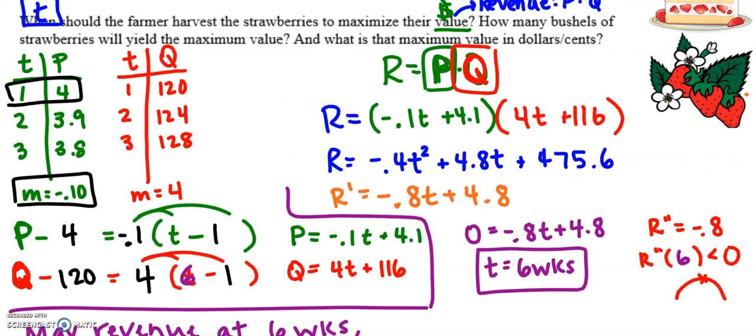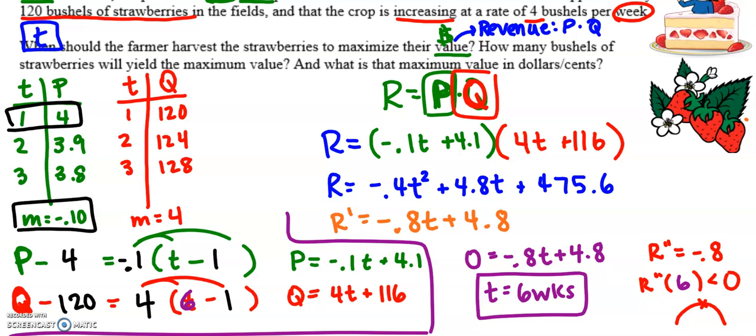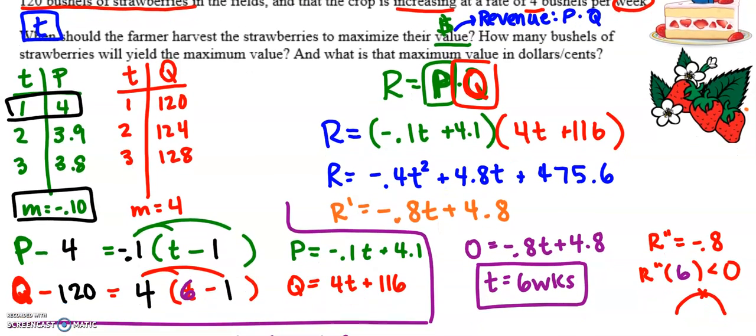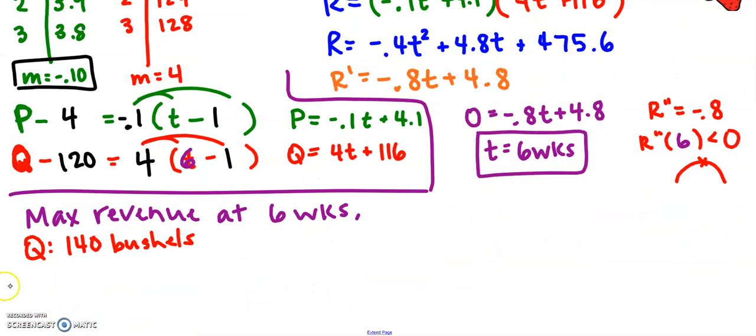What's my next question? What is that maximum value in dollars and cents? So if I'm selling 140 bushels in week 6, if I plug 6 into the other helper, my price per bushel is going to end up being $3.50.